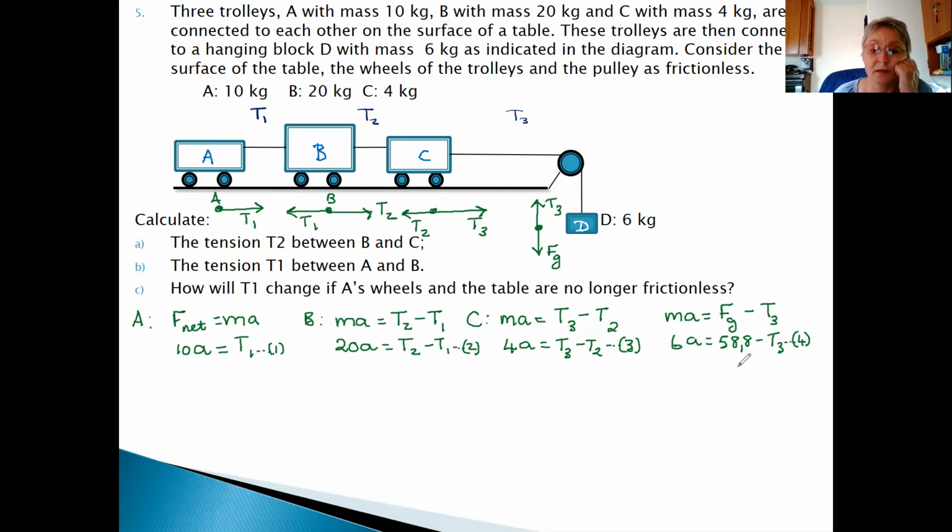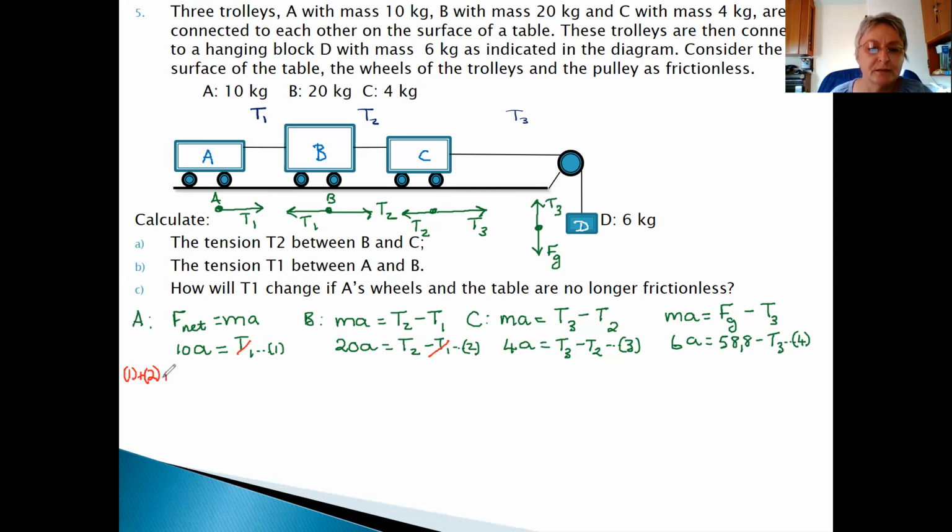It seems like if I add all these equations, I am going to cancel all the T's. So then I would be able to calculate A. If I add 1 and 2, I'm going to cancel the T1s.